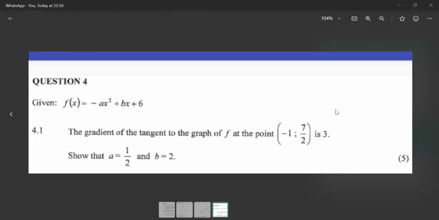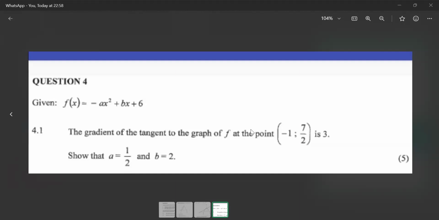So they give us the point of tangency, and they also give us the exact value of the gradient of the tangent. What they're asking from us is to find the values of a and b. And this is for 5 marks.